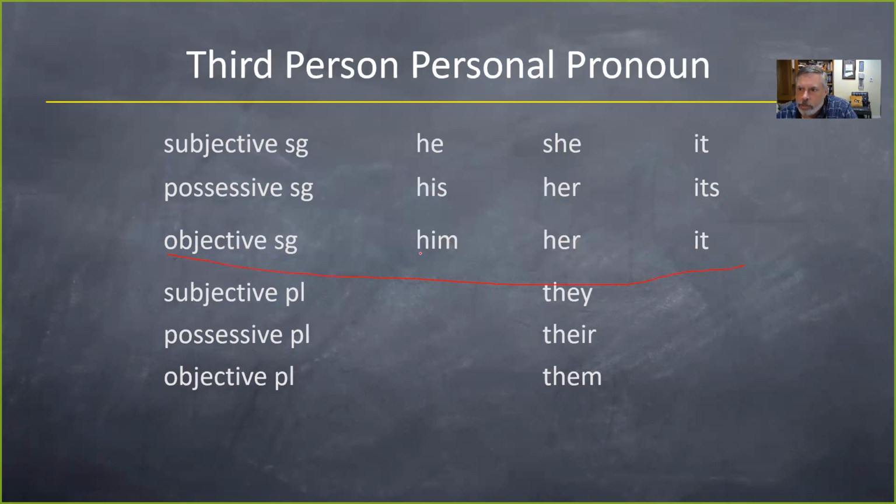Indirect object: to him, with him, in him, to, with, in her, to, with, and in it. But in the plural, again subjective, possessive, and objective, functioning as subject, possession, and direct or indirect object, it would be they, their, or them.